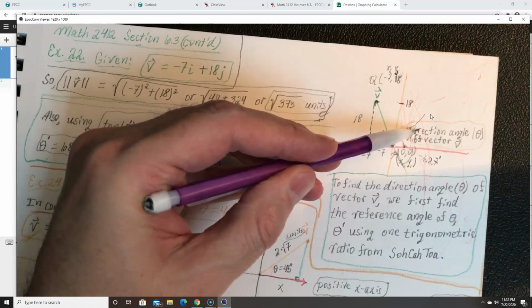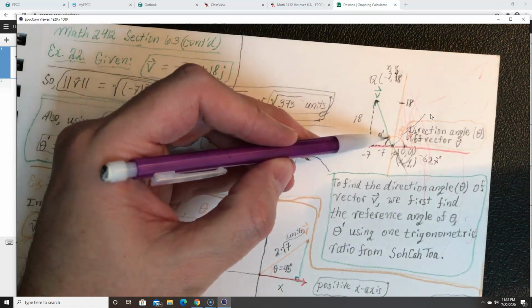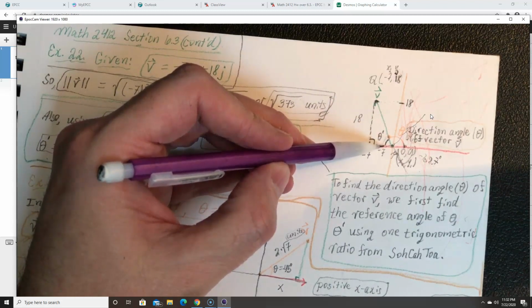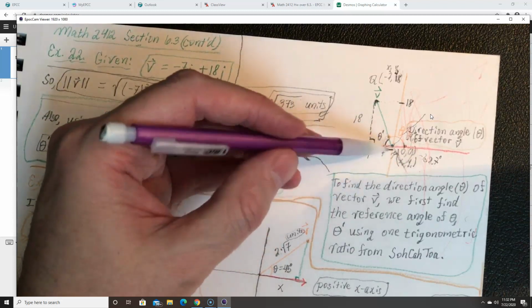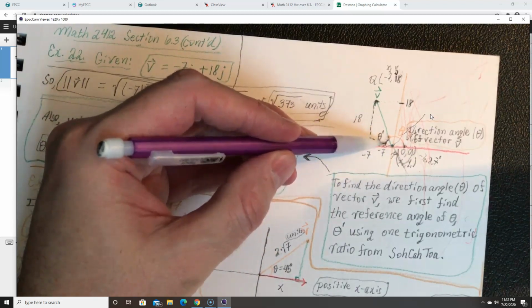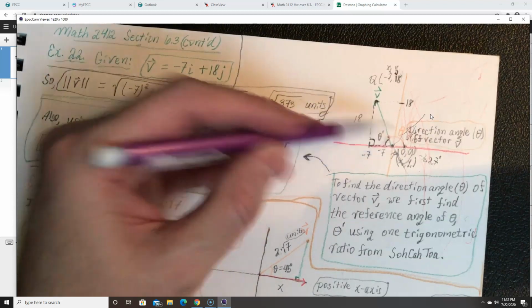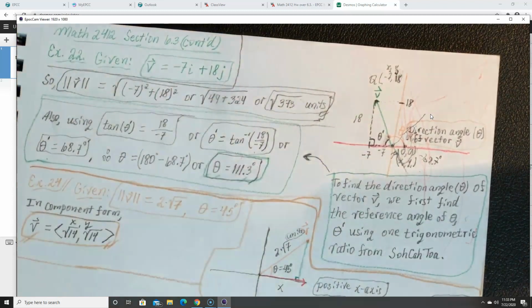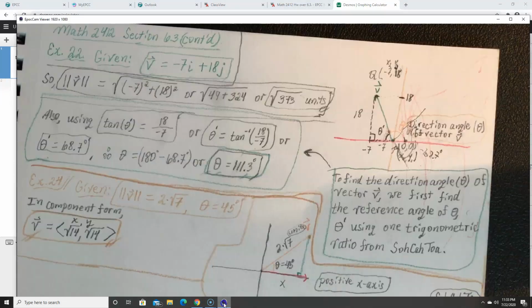What I'm trying to say is, this angle right here is 68.7 degrees. You just don't say negative. This angle right here is the same reference angle as this one. If we take away the negative, you get positive, and that would be the angle in quadrant 1.